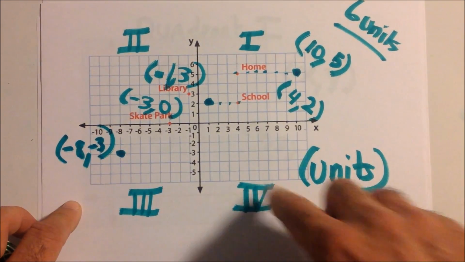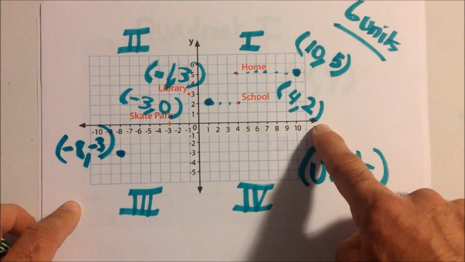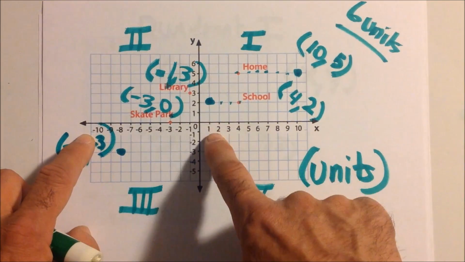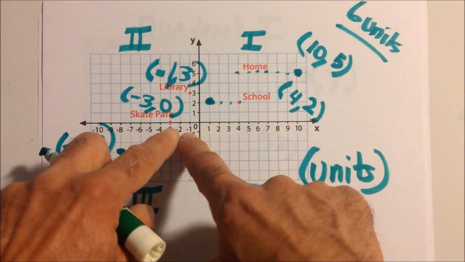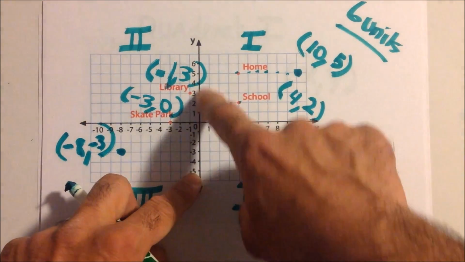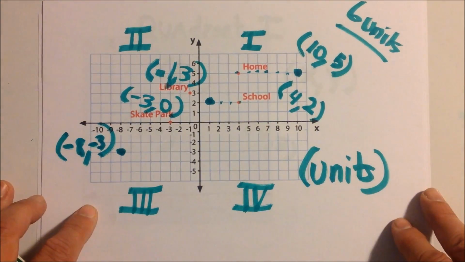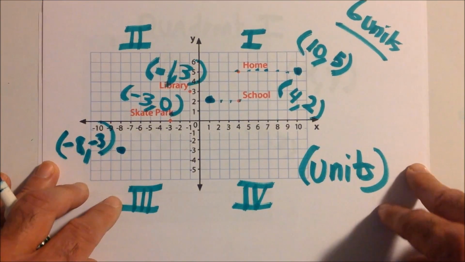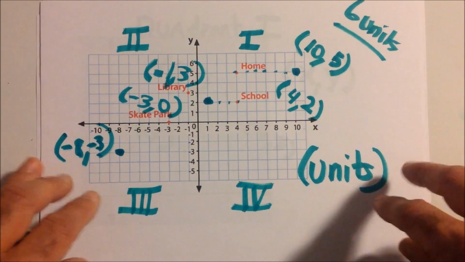So again, we have the x-axis, and you notice that it starts at negative, gets to the origin, and it becomes positive, just like a number line. And the y, it's negative on the bottom, positive on top. So that's the coordinate plane, or the coordinate grid, or the Cartesian grid. Great job.